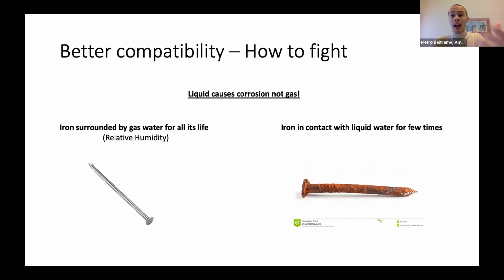When you spray liquid H2O2, as I told you before, you use around 6-8%. So the concentration is lower, the risk is lower. So I would say the best in the scale is to stay in gas, and if you cannot, then use the lowest concentration possible to avoid the corrosion effect.